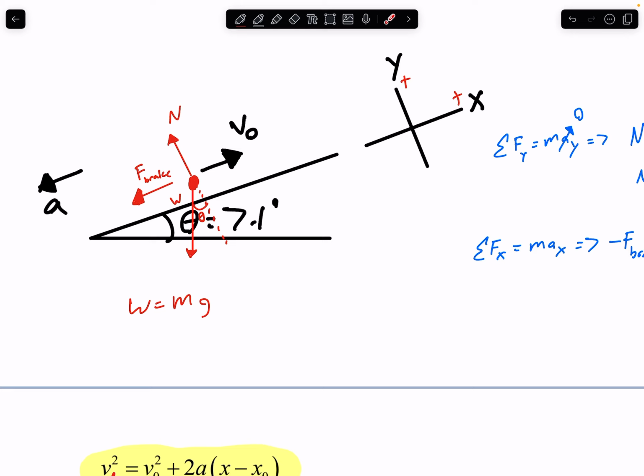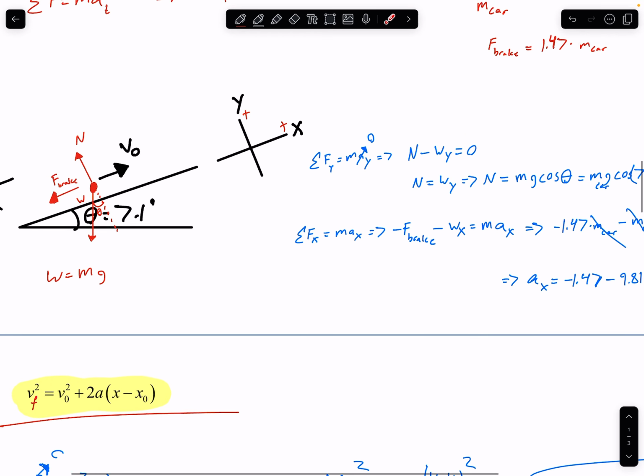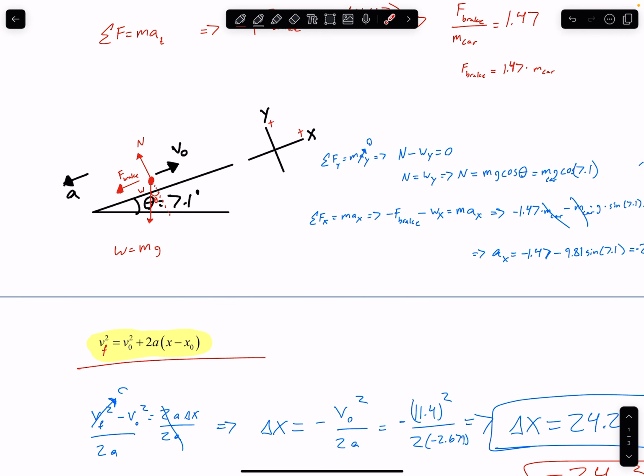But then in our kinetic part of the diagram, velocity is going up the slope, and our acceleration is in that direction. The easiest way to do this is to redefine how you define x and y: positive going that way for x, positive going that way for y. Again, nothing is happening in the y direction.